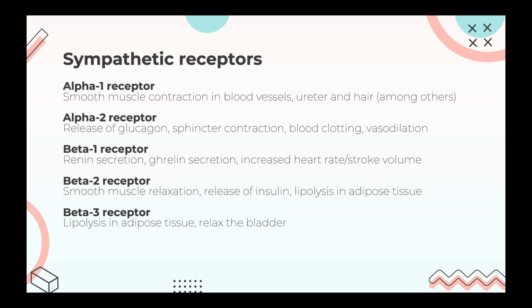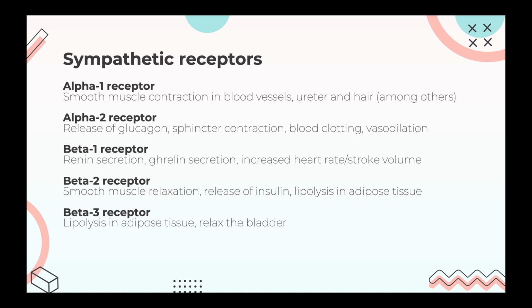For now it suffices to know that stroke volume is the amount of blood that the heart pushes out when it contracts, which is about 70 milliliters of blood per contraction. And a beta-1 stimulation can result in an increased stroke volume, which means that the heart will work more efficiently. Beta-2 receptors are also pretty important because they cause muscle relaxation, typically in the blood vessels.